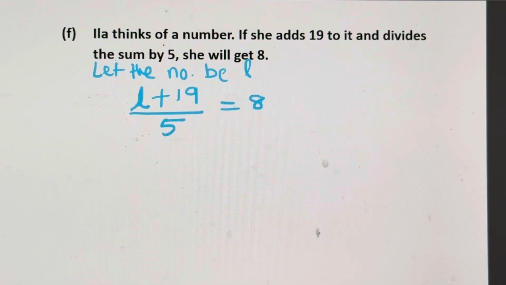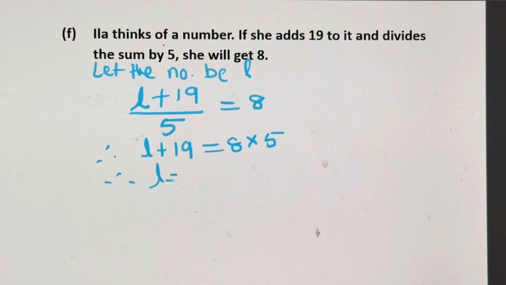This is the equation. I'll read it again and explain again. Ela thinks of a number, if she adds 19 to it, so number plus 19, and divides the sum by 5. So you need to write whole upon 5. You will not write 19 upon 5. Now we write L plus 19 as it is. 5 is in division. It goes on the other side. It becomes multiplication. So 5 8s are 40.